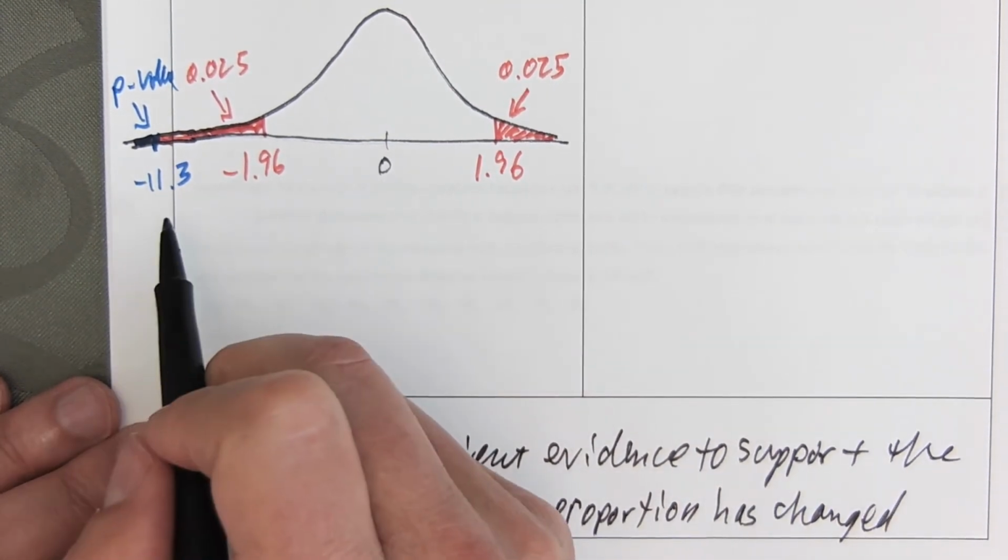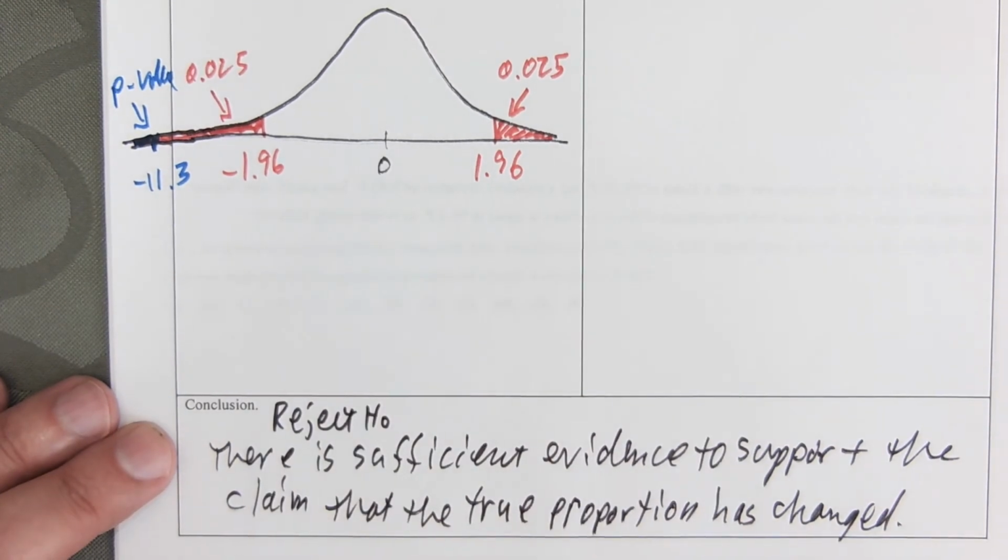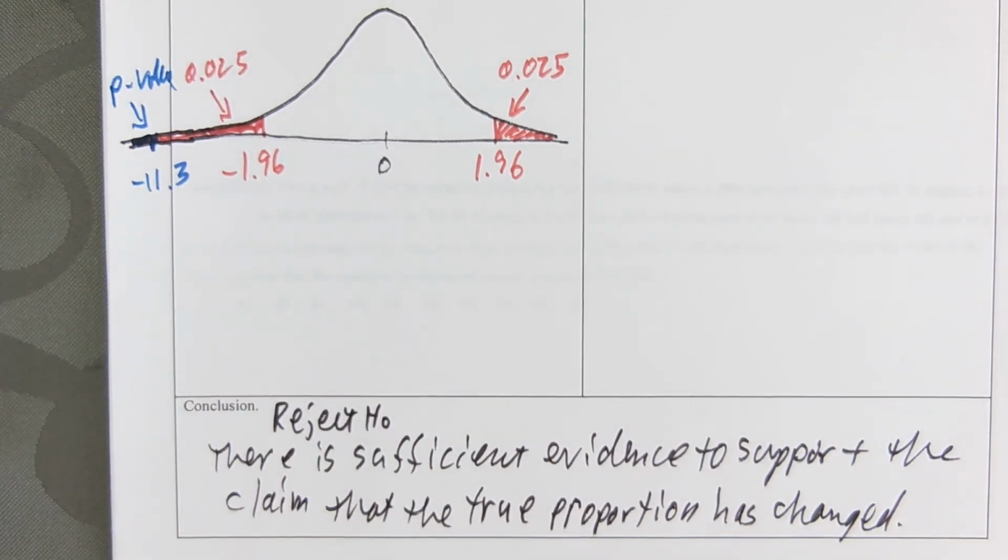In fact, the large negative means that it's gone down significantly. Oh, there's your first set of hypothesis testing. More to come.